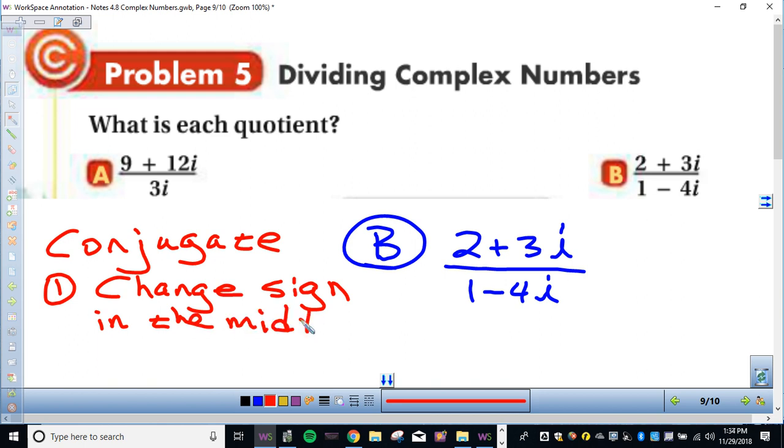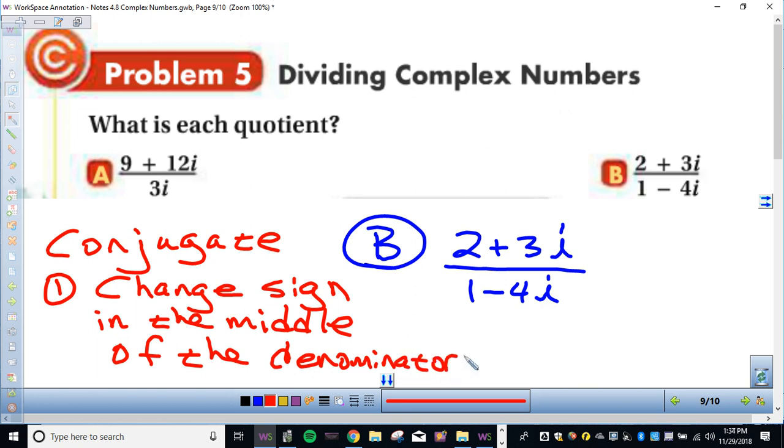I'm going to add that. Middle of the denominator. So when I multiply this thing, what am I going to multiply by? If I change the sign in the middle of the denominator, it's just 1 plus 4i.